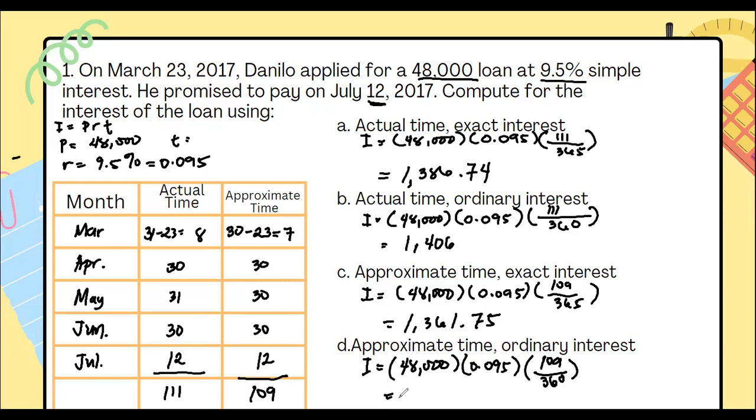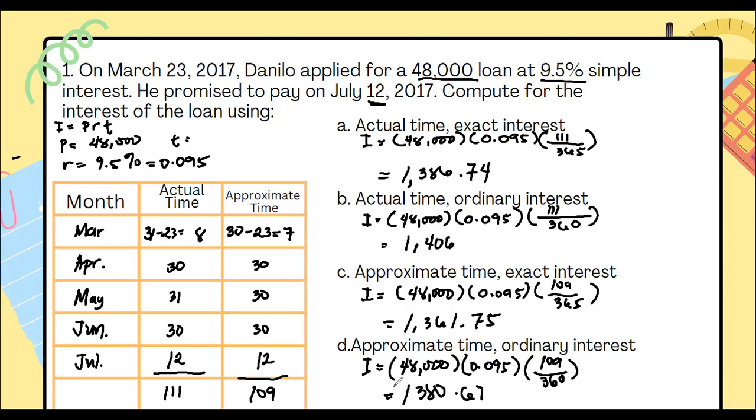Then, solve lang natin using your calculator. So, 48,000 multiplied by 0.095 multiplied by 109 over 360 days. Then, click equal. So the answer here is 1,380.67 pesos.